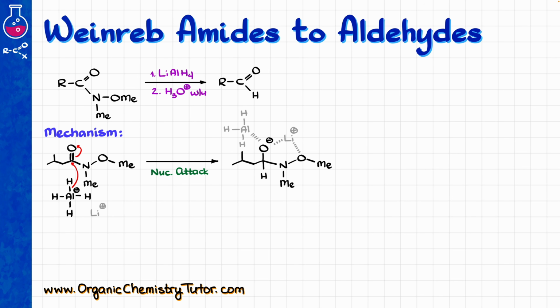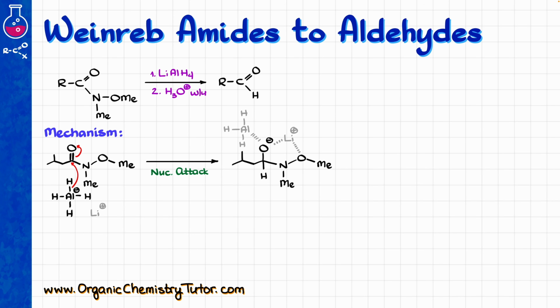Now, if previously I didn't really mind my lithium too much, in this case lithium is actually fairly important, because not only aluminum is going to coordinate around our oxygen over here, but also lithium is going to coordinate around both oxygens of this intermediate, stabilizing that.